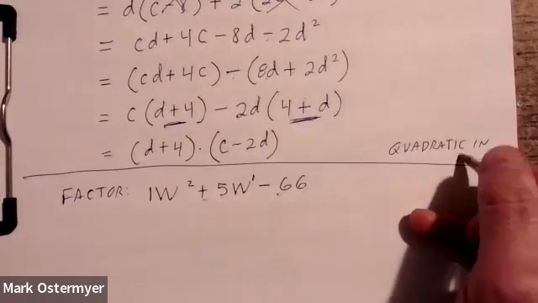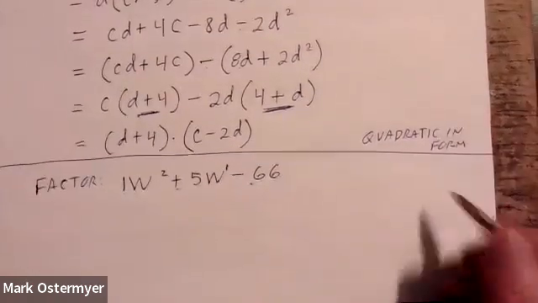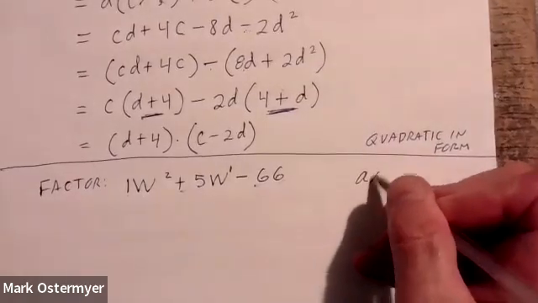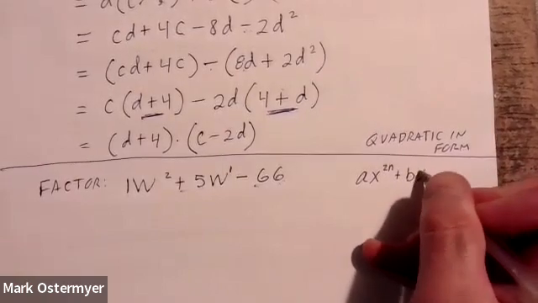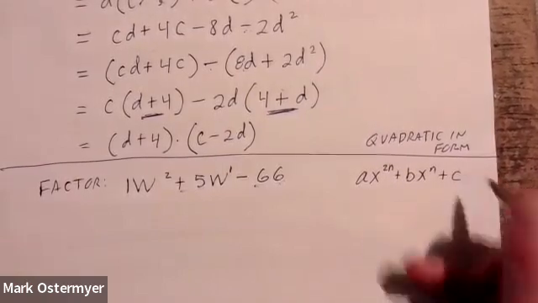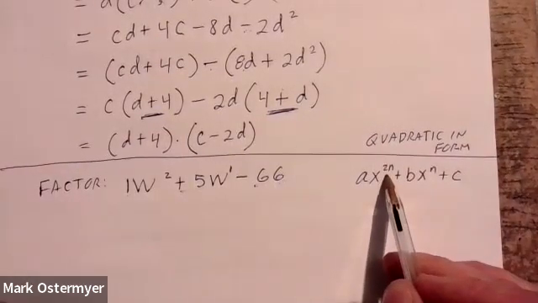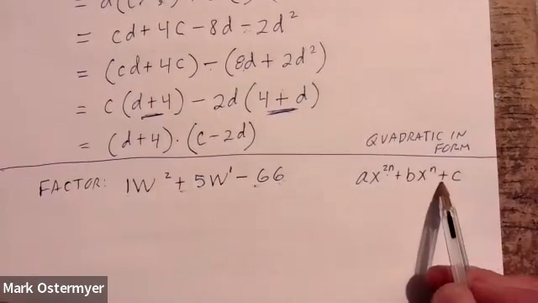What does it mean for a trinomial to be quadratic in form? Well, any trinomial whose leading degree is twice the middle degree is said to be quadratic in form. So if the leading degree is twice the degree of the middle term, your trinomial is quadratic in form.